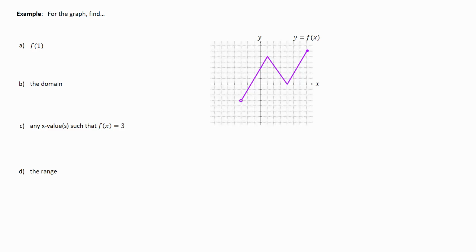So this graph still represents a set of ordered pairs, and it will be a function because it passes the vertical line test. It still represents a set of ordered pairs that represents, in fact, a function, except there's an infinite number of ordered pairs that goes with this graph. So the idea is any point on the graph is an ordered pair that makes up the function.